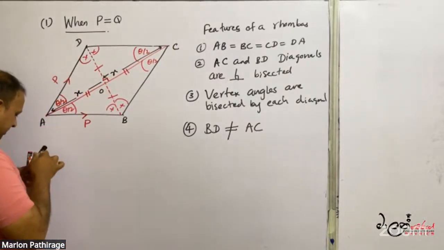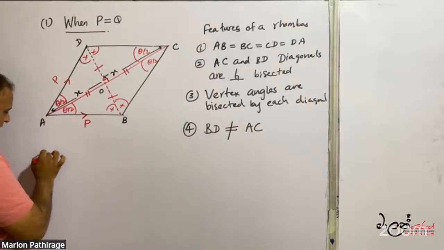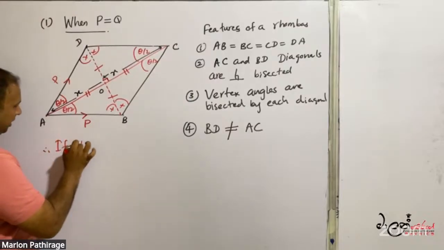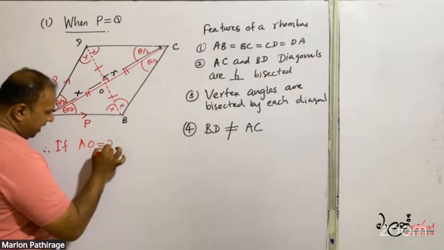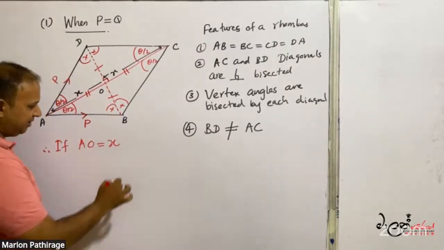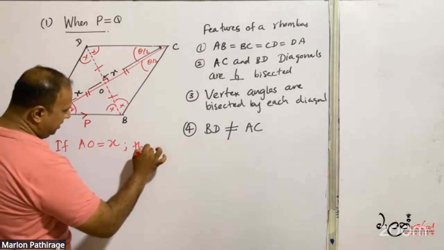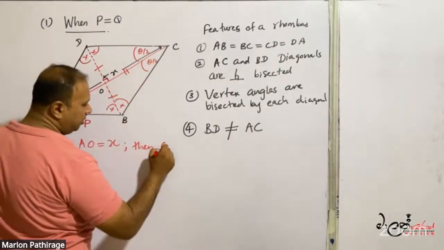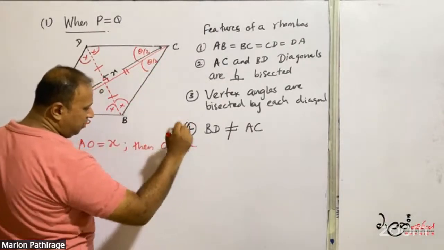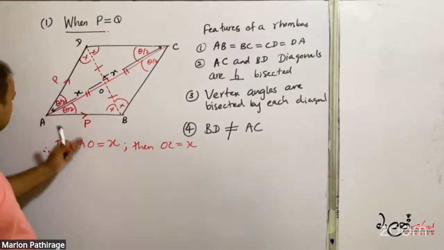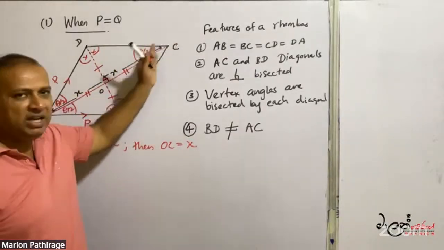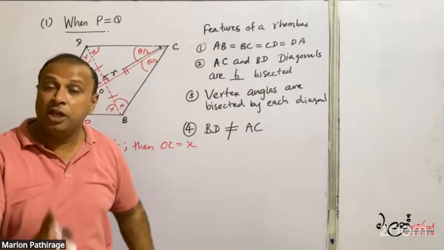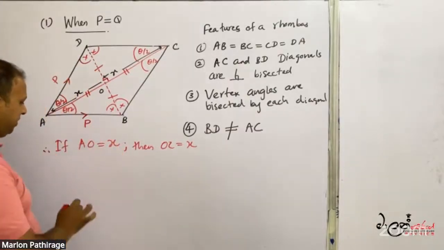Therefore, if AO is x, then OC is equal to x. That means AC length should be equal to 2x.